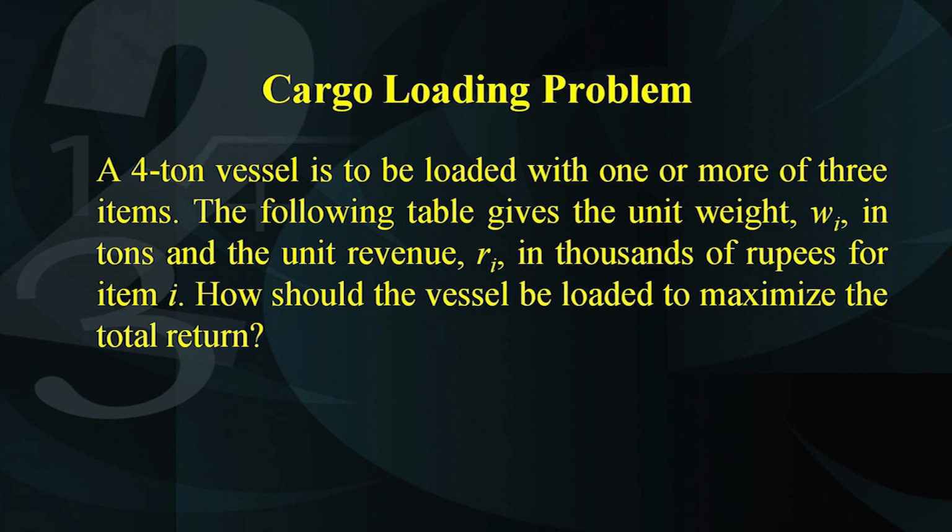There is a 4-ton vessel to be loaded with one or more of 3 items. So, there are 3 items, either one or more of the 3 items have to be loaded. The following table gives the unit weight Wi in tons and the unit revenues Ri in thousands of rupees for the item corresponding to i.